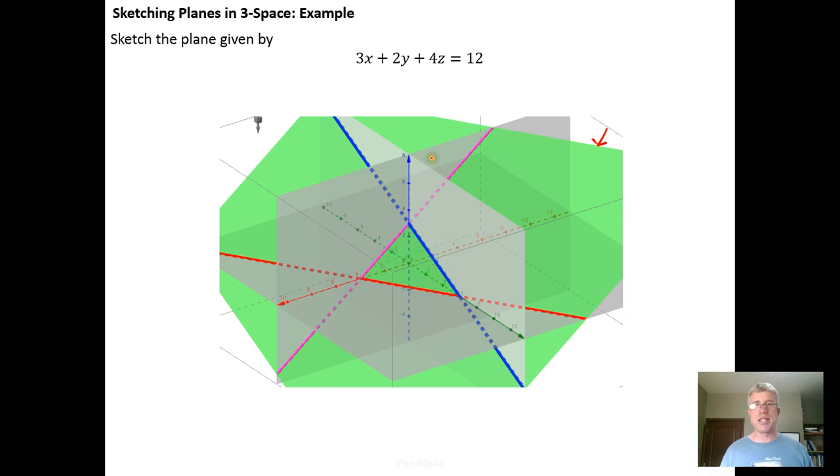The general technique is to find where your plane intersects the z-axis, where it intersects the x-axis, and where it intersects the y-axis, and then to draw in the three traces to form a triangle, and we use the triangle that we draw in to represent the entire plane.